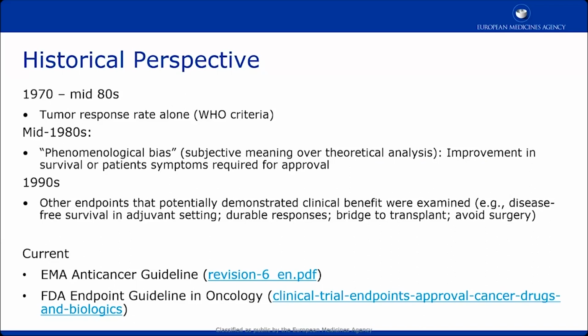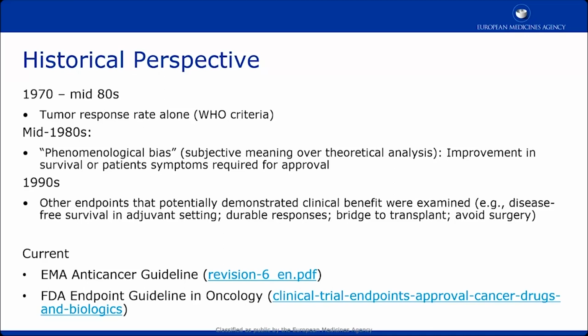And it was in the 80s, mid 80s, that what I would call a phenomenological bias was introduced, basically meaning that the endpoint shouldn't just be a measure of something, but it should be something that has a subjective meaning, something that is perceived by the patients.